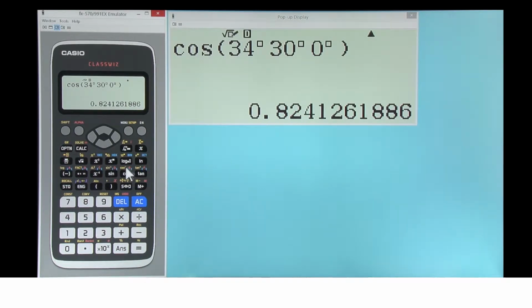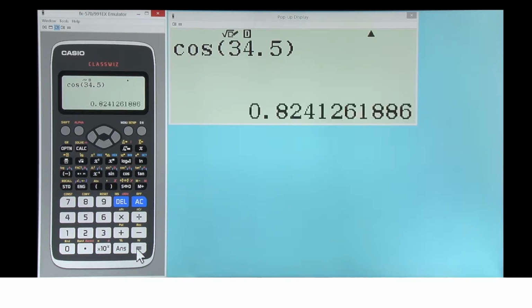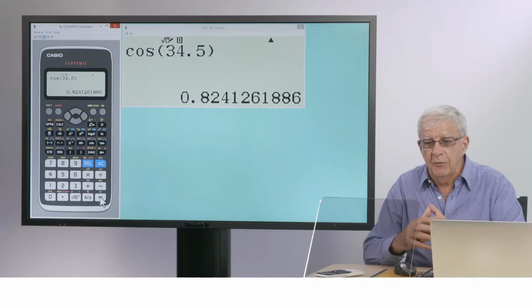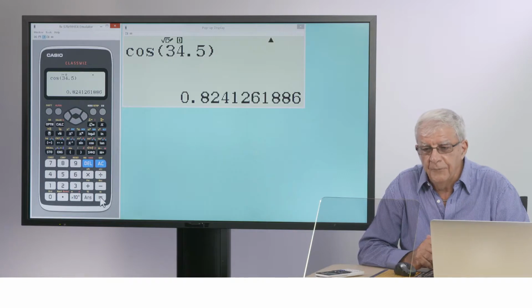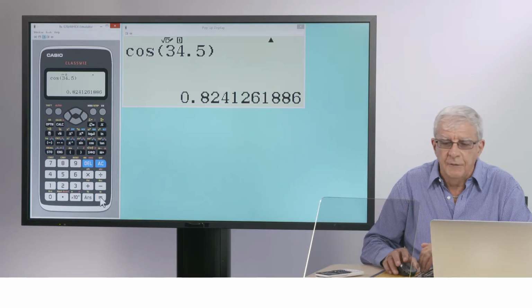We could put in cosine of 34.5 degrees and get the same result. But many times we would prefer to use degrees and minutes and seconds. The same key can be used to convert a decimal angle measure into degrees and minutes and seconds.